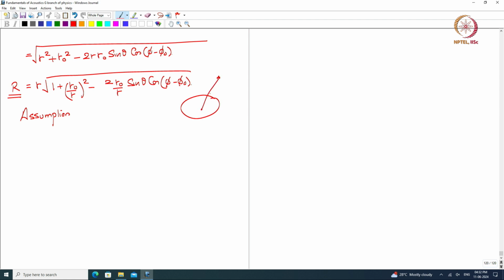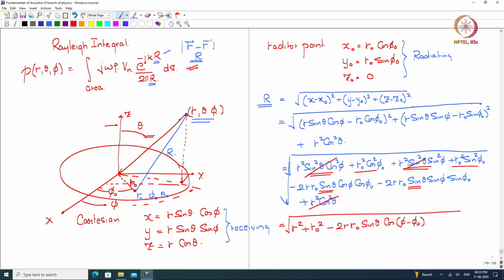So now we will say that r0 by r is much less than 1. That means from the coordinate system this distance is very far. Okay, this is called the far field approximation.